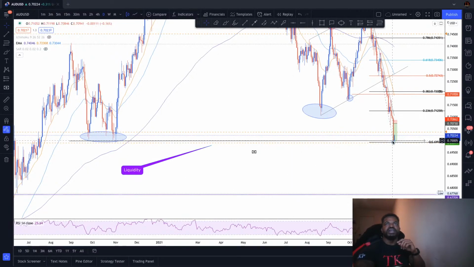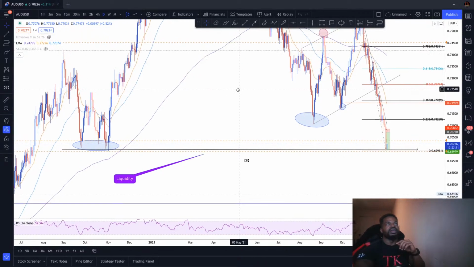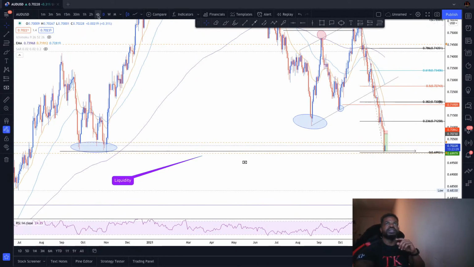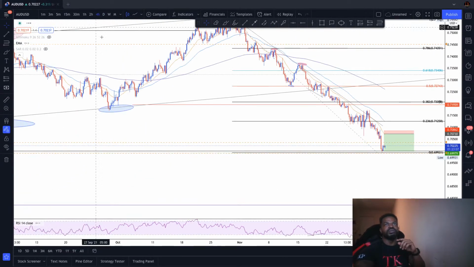And as you can see, after the daily close on AUD USD, we have a pullback. So right now we're trying to measure how far this pullback would be. At this point, we're looking at either the 50% of this move or the 2.36 of our fib from the macro swing high to swing low as a potential pullback area before continuing to move to the downside, if that happens.